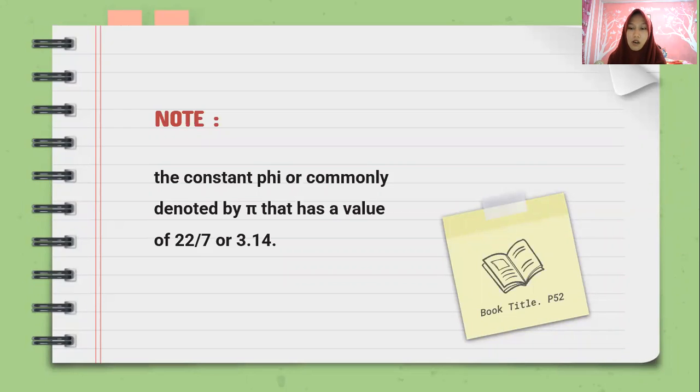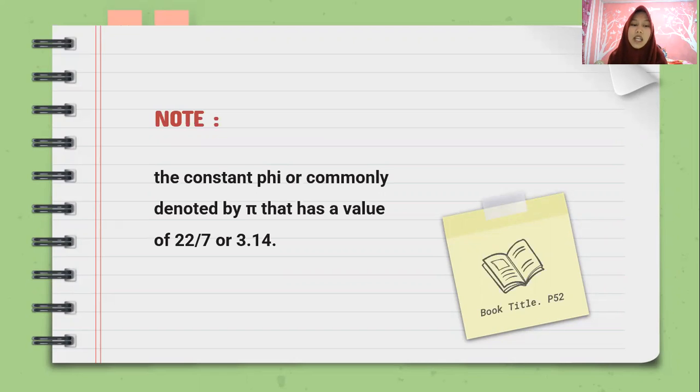For a flat shape like a circle, we can calculate the area of the circle, the circumference, and so on. The area of the circle is the area surrounded by the circle. The area of the circle can be calculated by knowing the length of the radius of the circle.